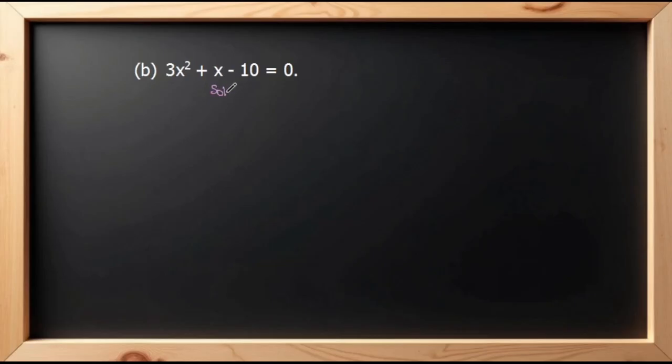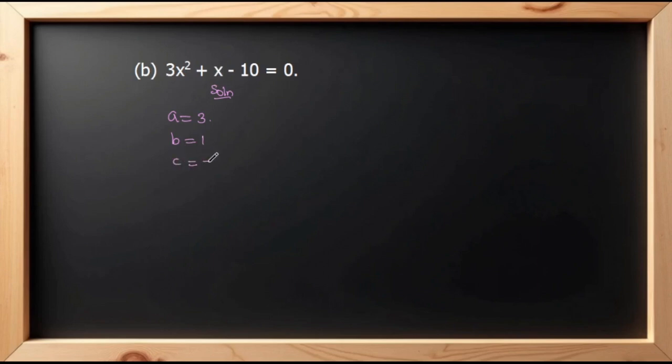In this question we have 3x squared plus x minus 10 equals 0. So our a value is this 3 here, and then b equals 1 as the coefficient of x, and then c as our constant is negative 10.